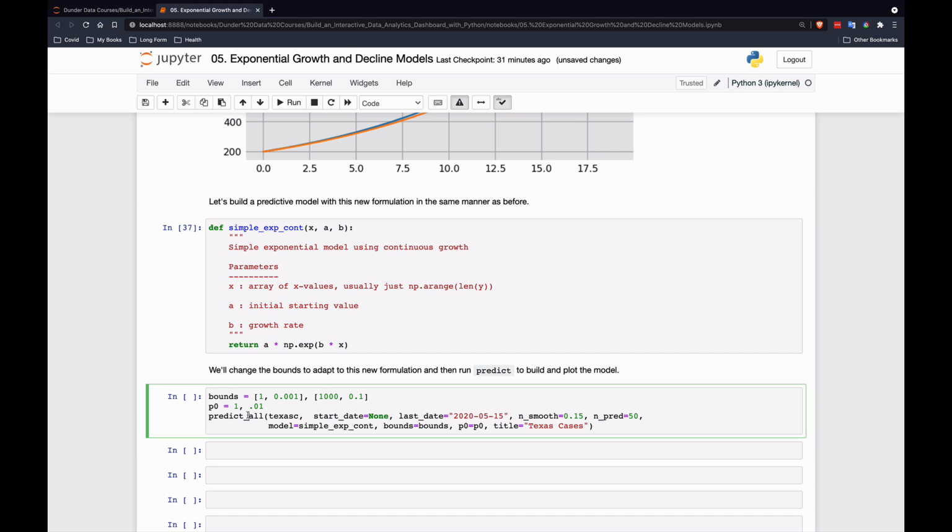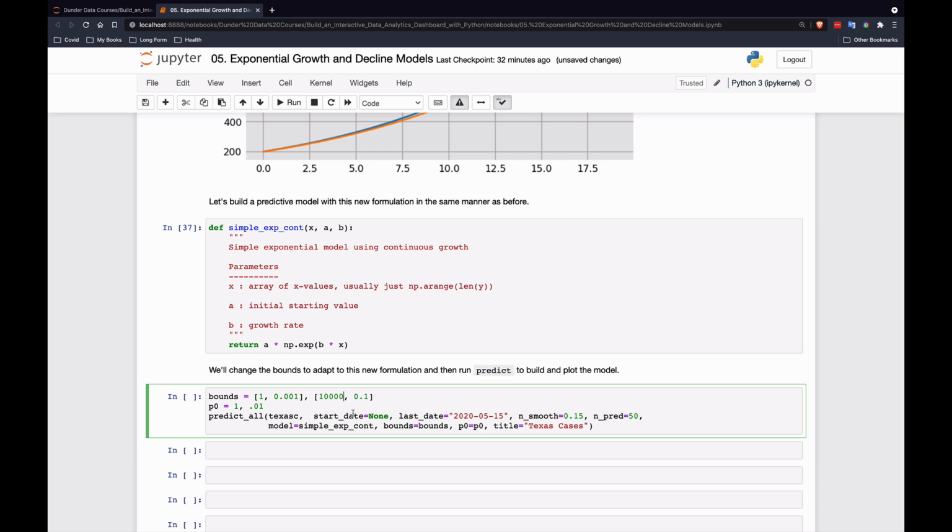Now we did all the hard work above in the rest of the chapter to come up with this predict all function. So this is a great function. All you need to do is change the model and give it bounds, of course, and also give it an initial guess over here as to what the values will be.